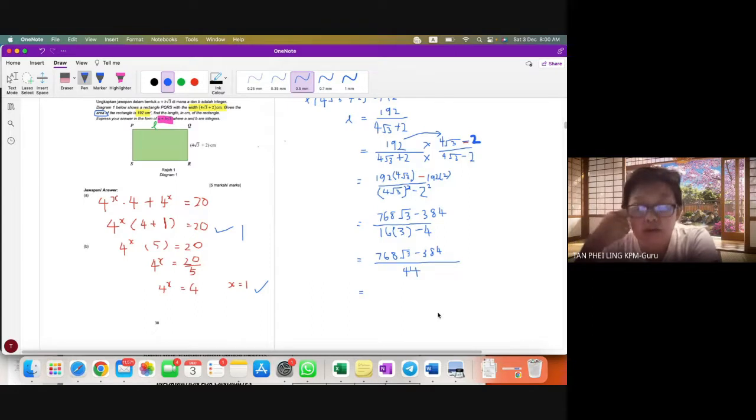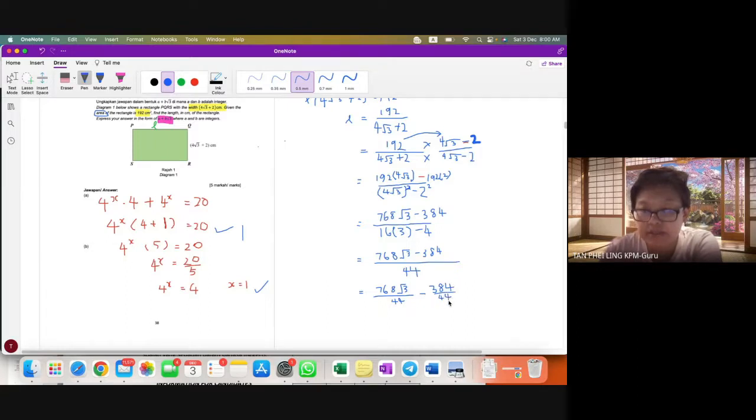So if you are not sure, write it separately first. 768 square root 3, because later on you also have to be in the form a plus b square root 3. Remember that? Over 44. See whether 768 over 44 simplifies. Key in your calculator the ABC function. Let it simplify for you.